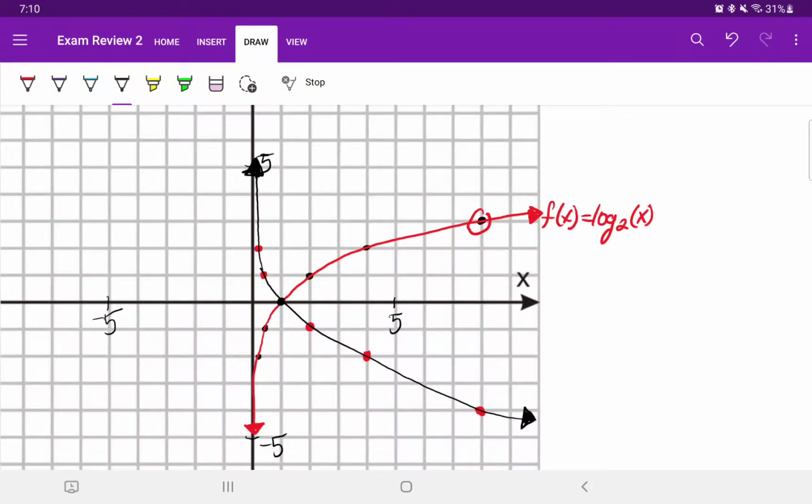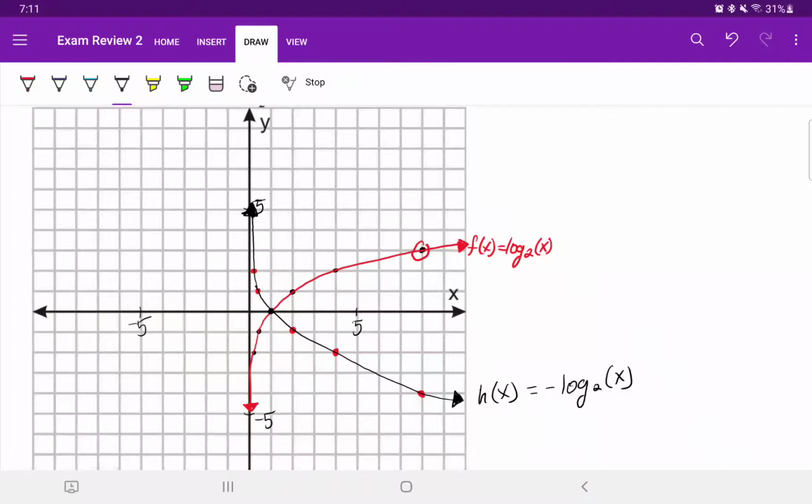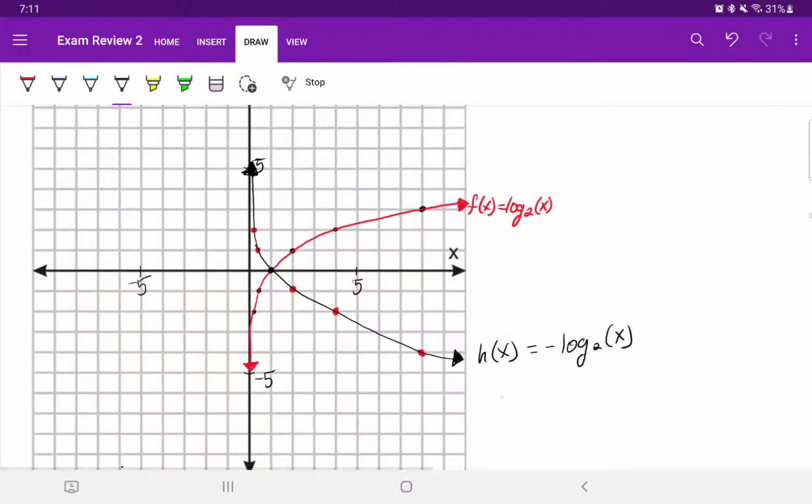All right, I hope that's better than the first one. So let's just keep it as h of x equals -log base 2 of x. Once again, we reflected the graph across the x-axis. You change the sign of all the y-coordinates. Now, let's find the domain, the range, and the vertical asymptote.